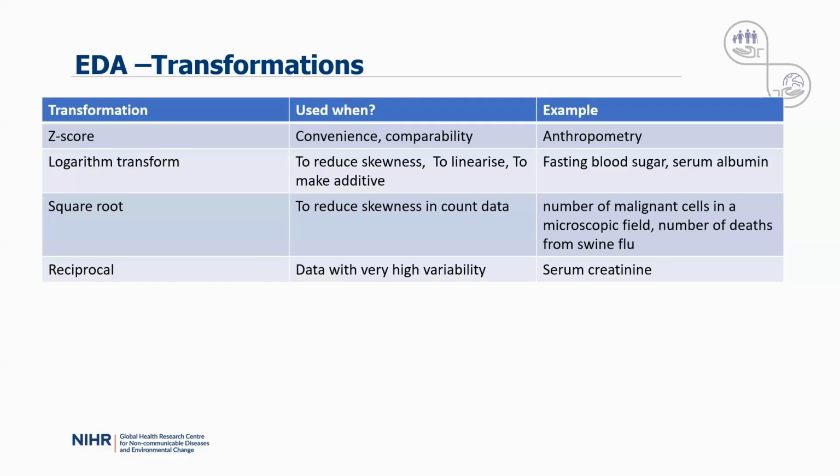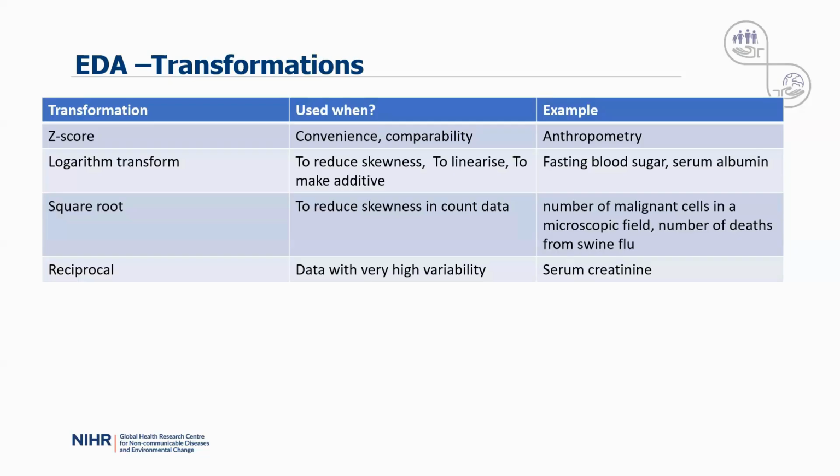Reciprocal transformation. Here again, the disadvantage of the reciprocal transformation is you cannot apply it when you have observed values of 0, especially with the outcome variable. But it is very useful when you have data with very high variability, and that variability is the cause for the skewness.